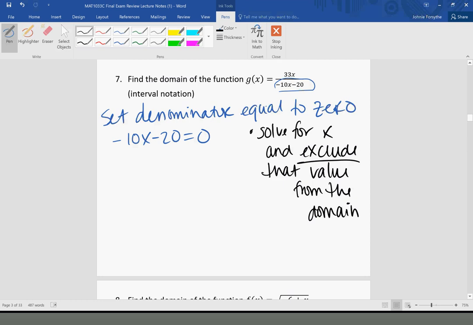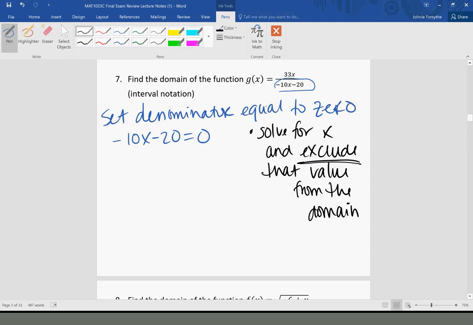Why is that? Well, remember, if you have a 0 in the denominator, if all of this in the blue ever equals 0, that's going to make this entire function undefined. So what you want to do is figure out what values would make this entire denominator equal 0, and let's exclude that. We don't want to include that in the domain.